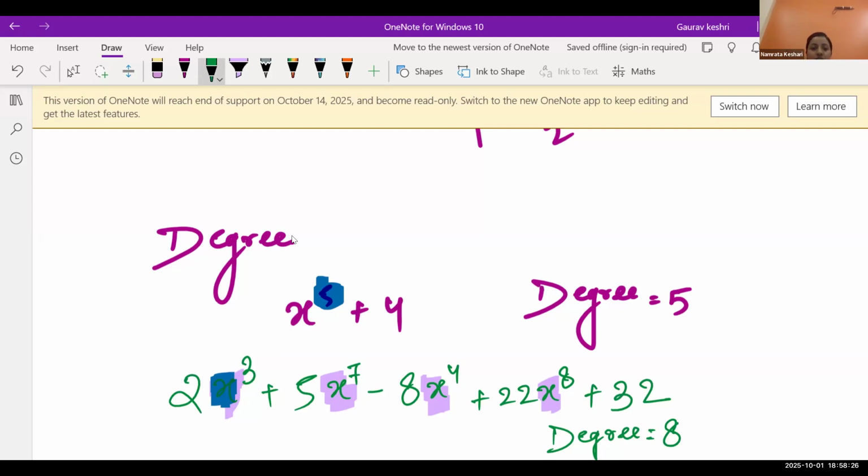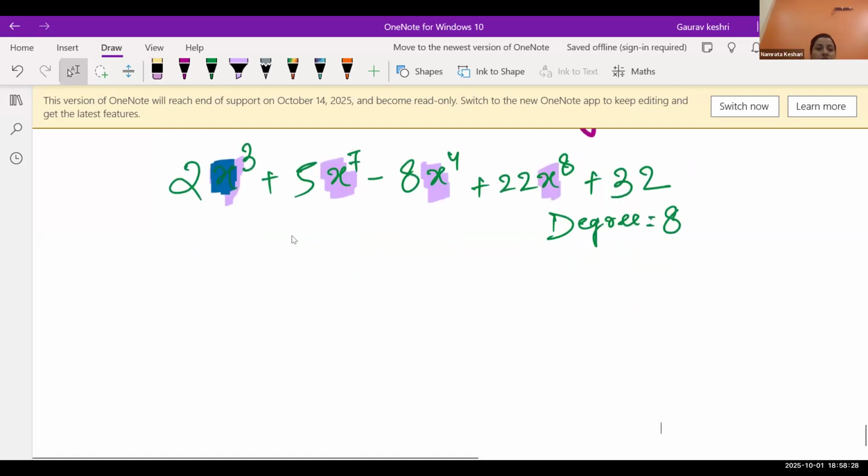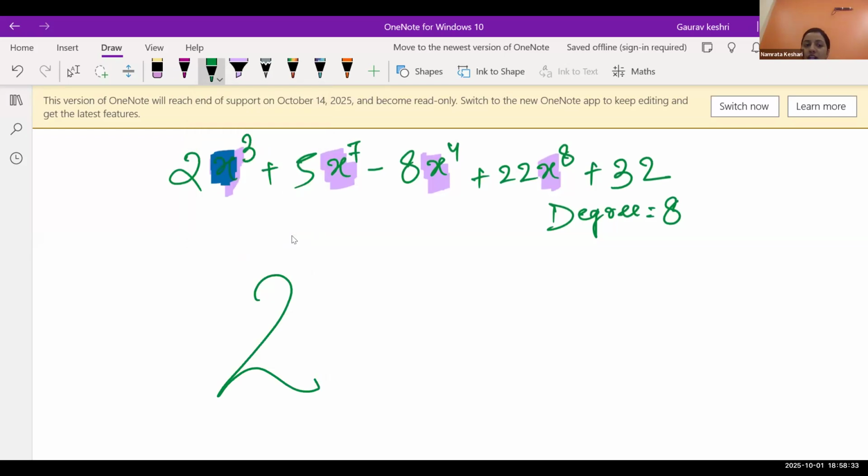Now if I am writing just 2, first thing first, is that a polynomial? Law of exponent says that a to the power 0 is 1.